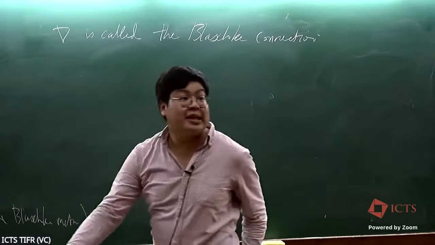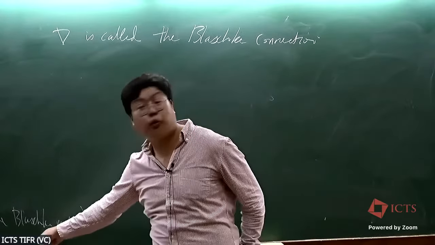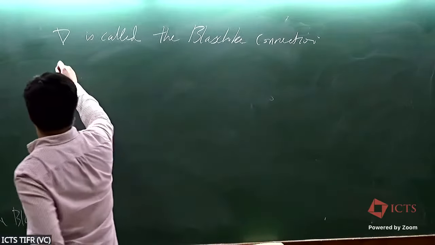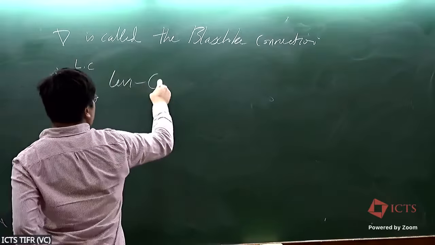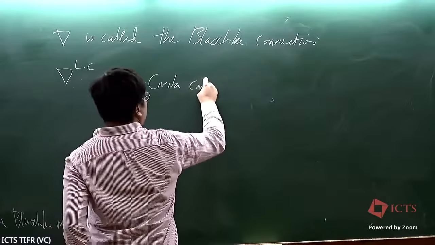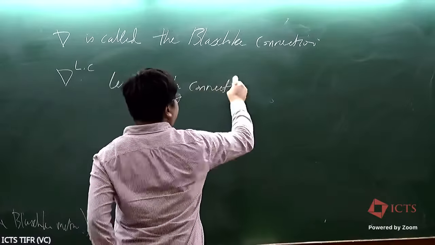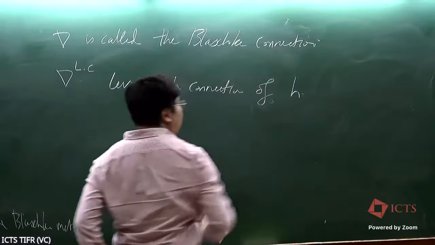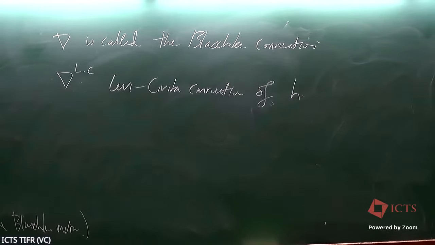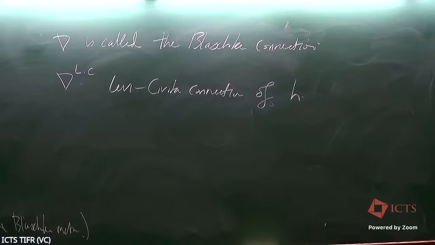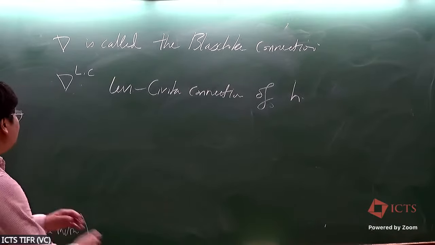I could form a second connection because I have a Riemannian metric here. I can take the Levi-Civita connection of the Blaschke metric. And it turns out these two connections are not always the same. In fact, they're seldom the same.